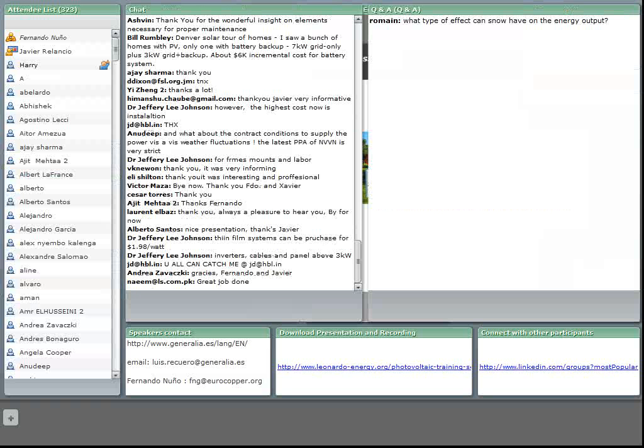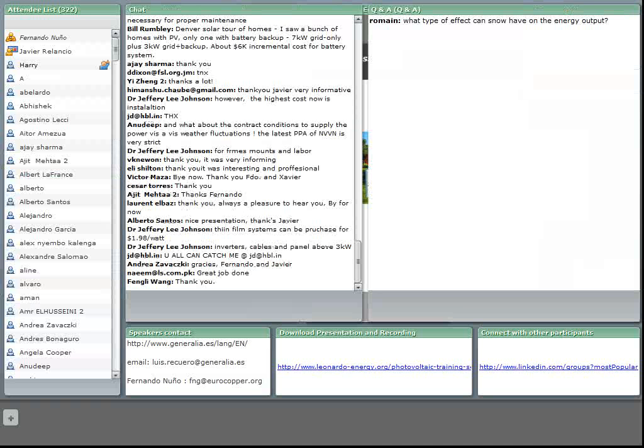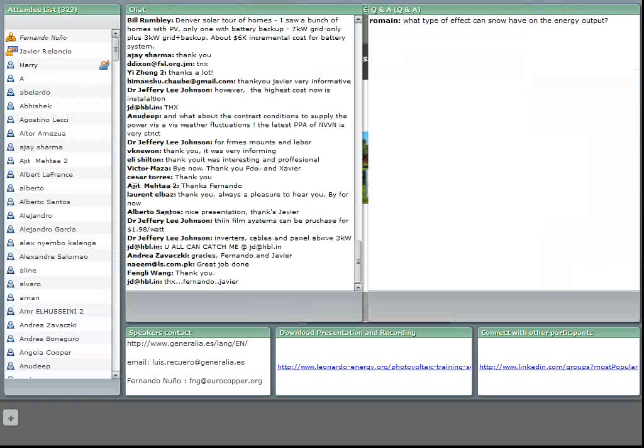But we have to know that normally all the facilities have a selected field to get the most irradiation from the sun. So normally the snow, if it is a sunny day, might be melted really, really soon, and the production can even get higher because of the low temperatures.